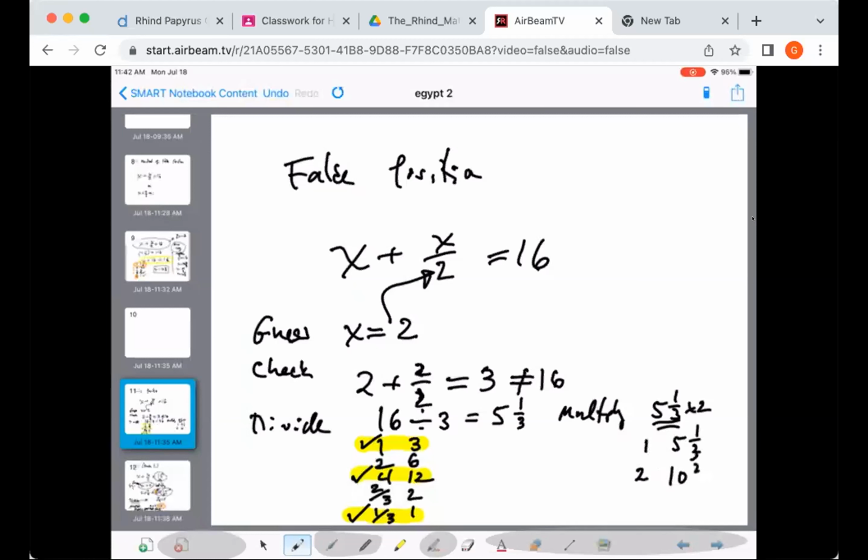But this is a division, and this one over here is a multiplication. I'm multiplying the answer I got from the division by my initial guess. So you multiply 5 1/3 times 2. When you multiply by 2, you're trying to get 2 on the left-hand side. I get there very quickly by doubling 1, and now I'm at 2 and I'm done. The answer was 10 2/3. I don't even have to add a bunch of stuff together.